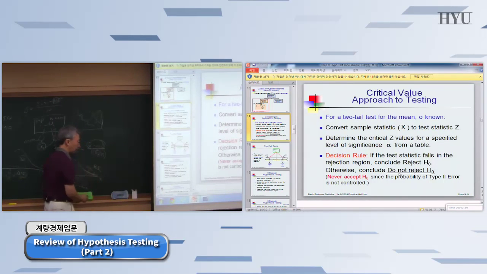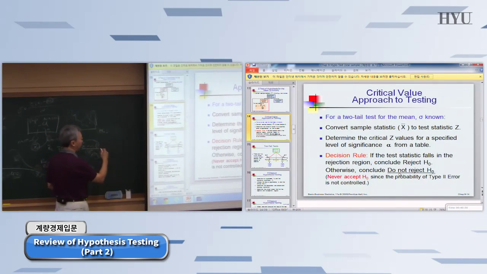I think last class I used the Hyundai Kia gas mileage example. There, Hyundai and Kia claimed that their average gas mileage is at least 40 miles per gallon.